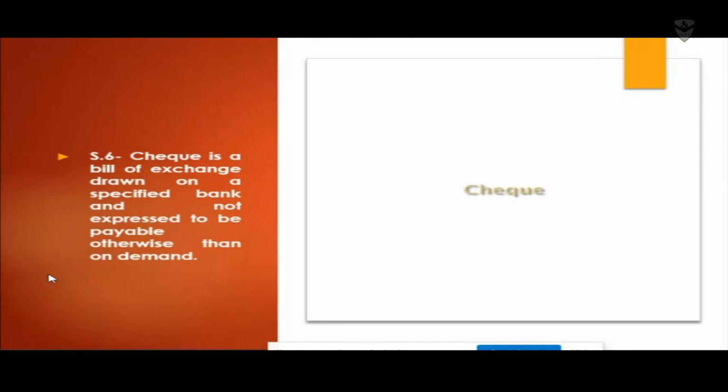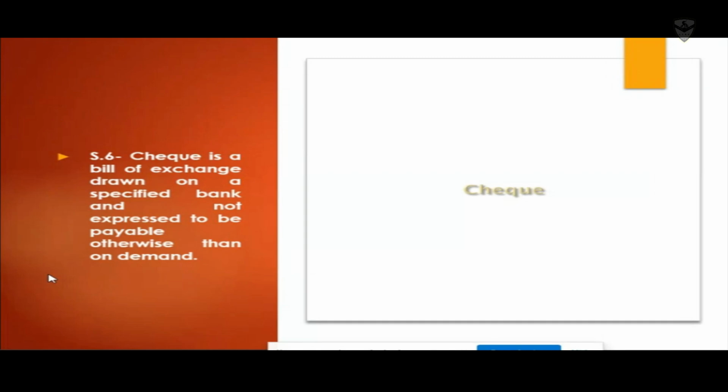Now, as I told, a check is a bill of exchange. Section 6 of the NI Act defines what a check is. It says that a check is a bill of exchange drawn on a specified bank and not expressed to be payable otherwise than on demand. A check is always payable on demand. On demand means whenever you want money, you can go and demand it.